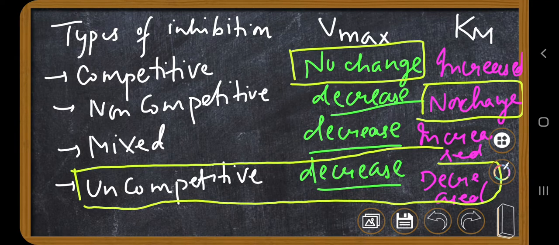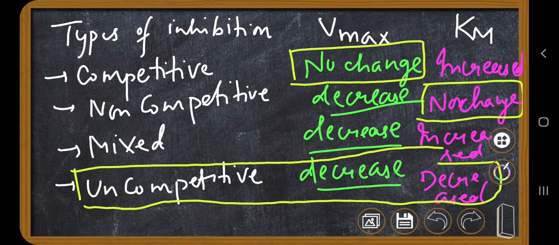So you can see from the blackboard, in uncompetitive Vmax as well as Km is going to be decreased. Okay. So this is the concept you need to remember or follow before solving any of the questions related to this type of inhibitions.